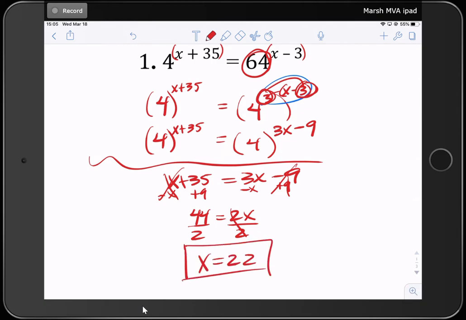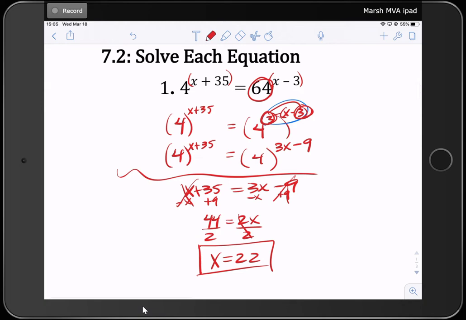Now, just double check. Are there any restrictions on putting 22 in for x on that? Nope. And so I try this. Go ahead and plug it in and see if 4 raised to the 22 plus 35 is actually equal to 64 raised to the 22 minus 3. I bet you $1 you will get the same answer.